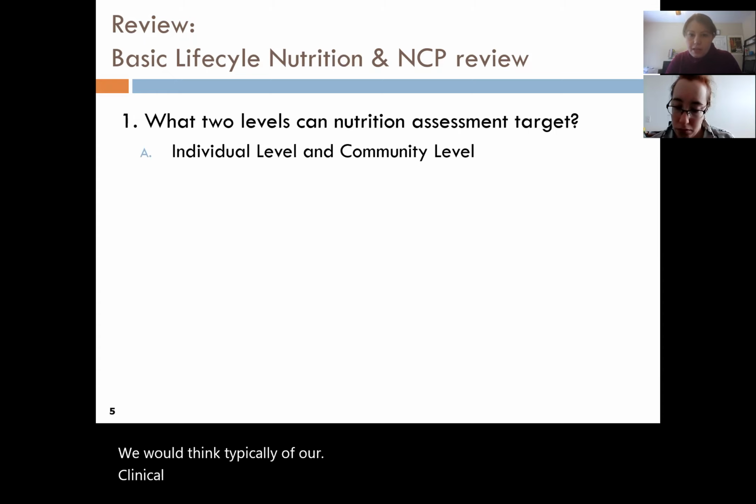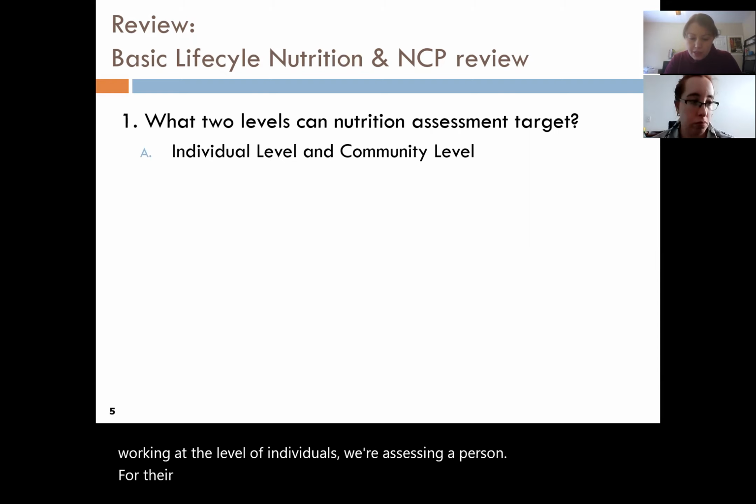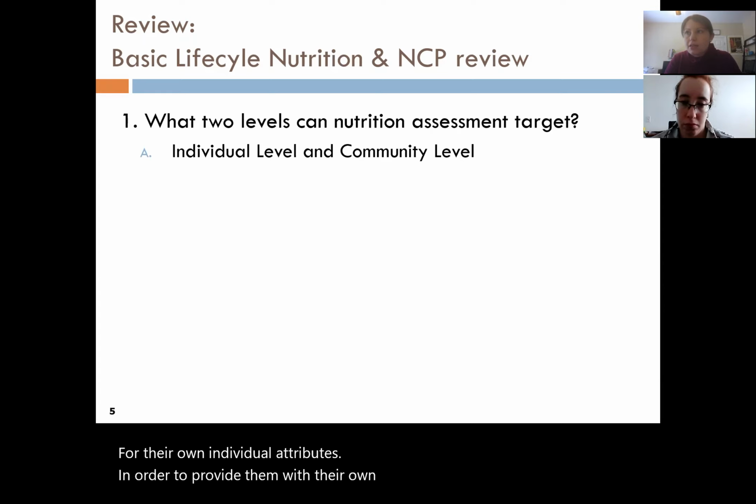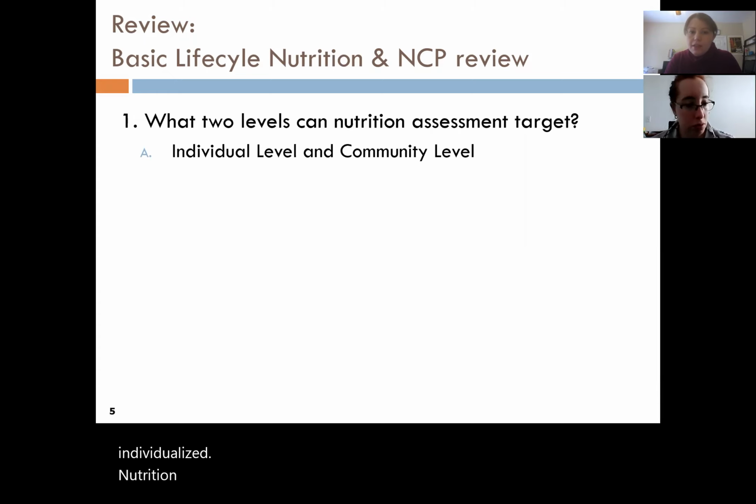Clinical can be inpatient or outpatient, but when we're working at the level of individuals, we're assessing a person for their own individual attributes in order to provide them with their own individual diagnosis and then create an individualized nutrition intervention that will help meet their individual needs.